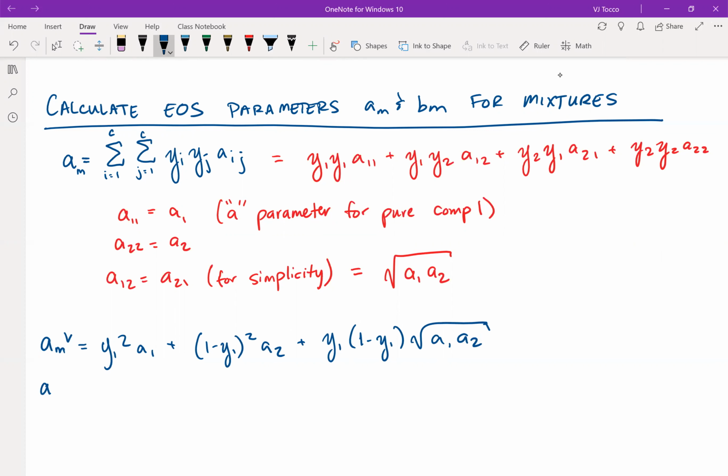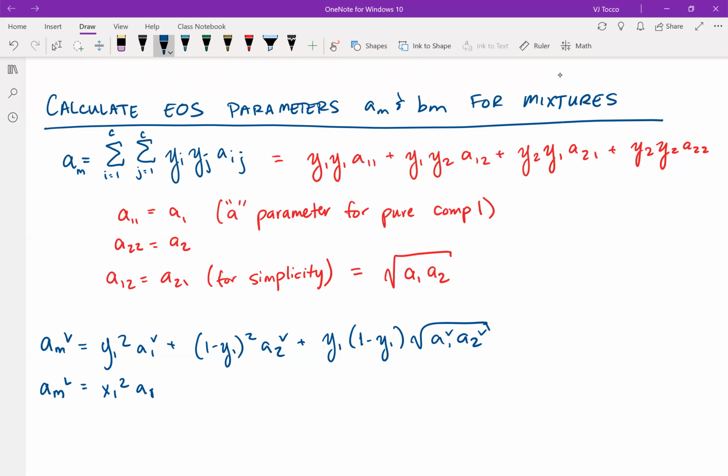And same thing for the liquid phase, sorry, except instead of y's, it's x's. So x1 squared A1, and I should be keeping the subscripts here maybe. A1 vapor, A2 vapor.